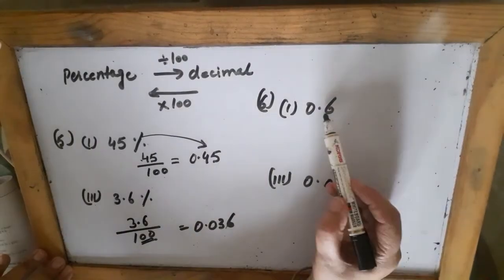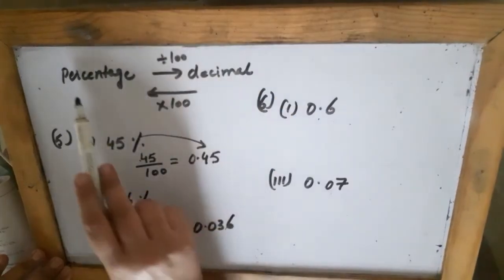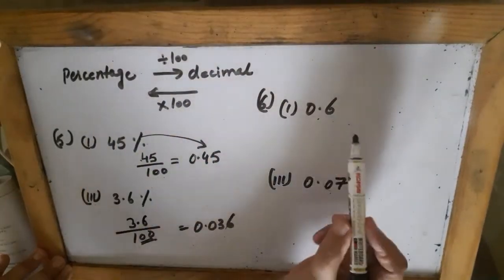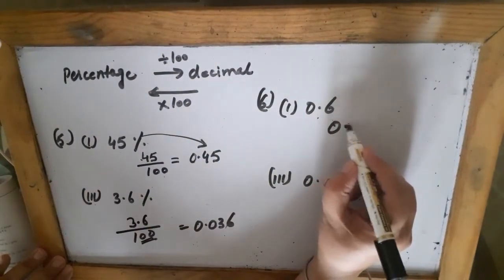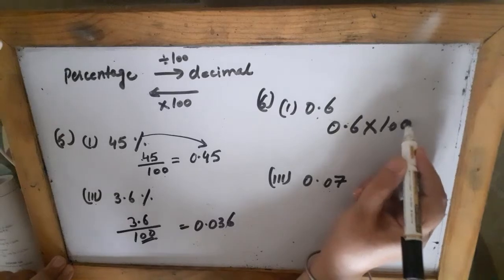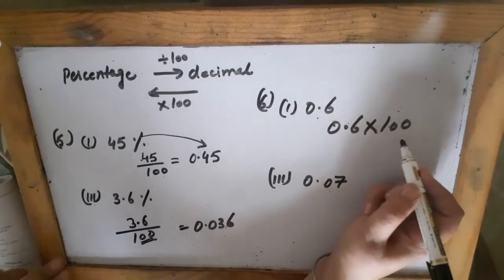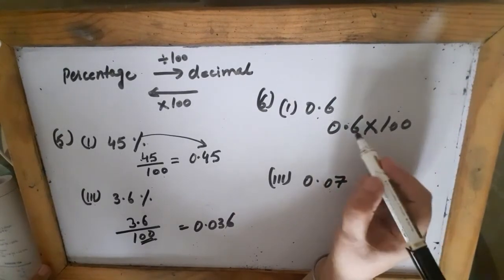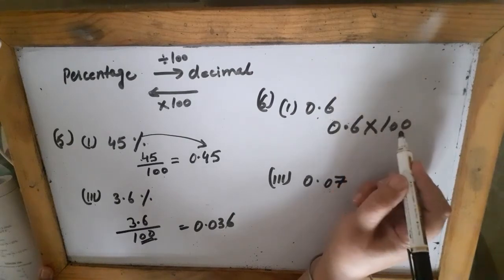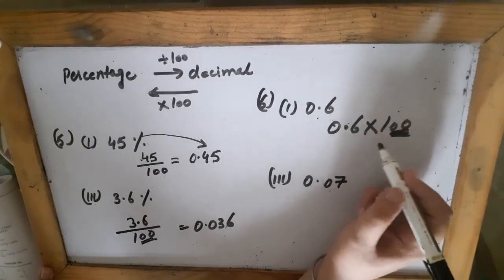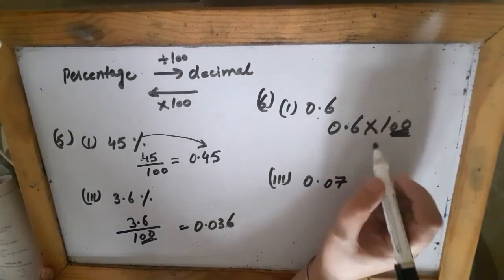So this will become 0.036. Now to convert a decimal into a percentage, it means I have to multiply by 100. So when you multiply any decimal number by 100, the point shifts to the right. How many places? 2 zeros are there, so it will shift 2 places forward.